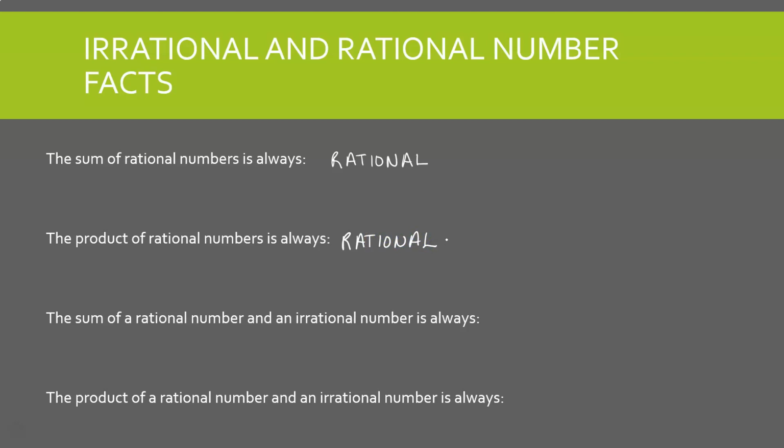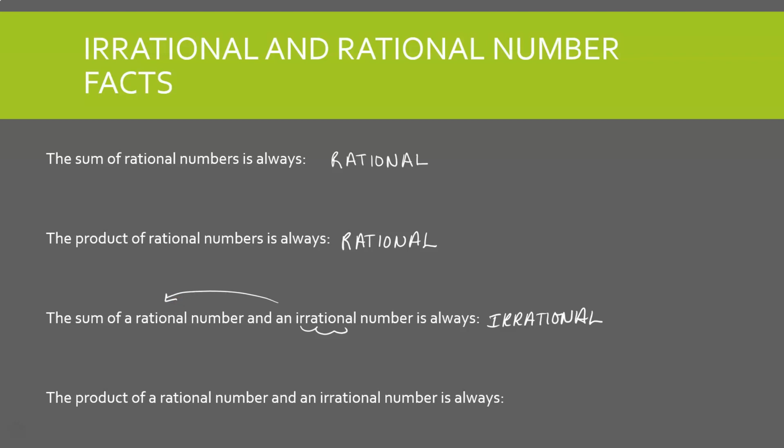The sum of a rational number and an irrational number is always irrational. Because you're never going to be able to change this into that unless you have some magical superpower.